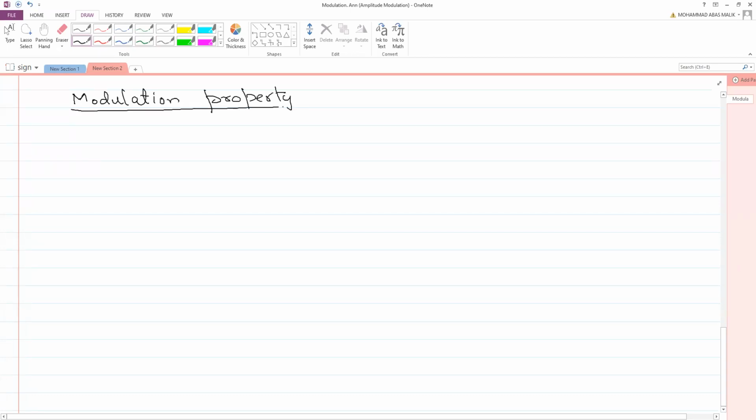Anybody? We are already done with this, but I will repeat the modulation property, because that will be helpful in order to draw the spectrum. In order to draw the spectrum of AM, you must remember the modulation property.